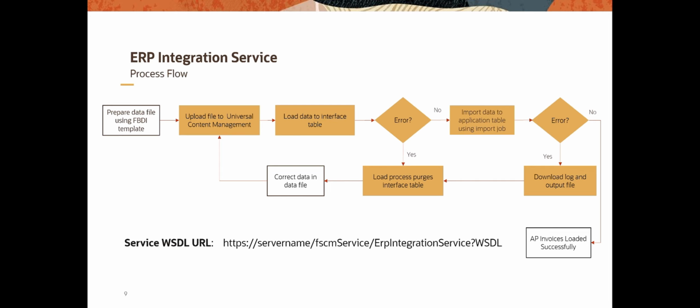And this essentially automates what we just did manually. It handles file upload to UCM, interface table populations, ESS job triggering, and status monitoring. And all of them can be done through web service operations. So let me explain how the process works using the ERP Integration Service.